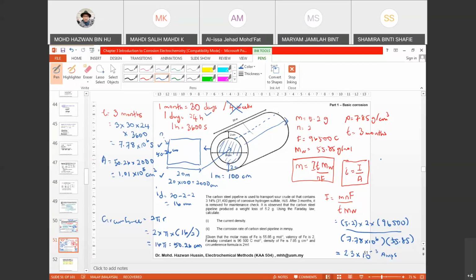The next one is to calculate current density. You just substitute 2.3 times 10 power of negative 3 divided by 1.01 times 10 power of 5.